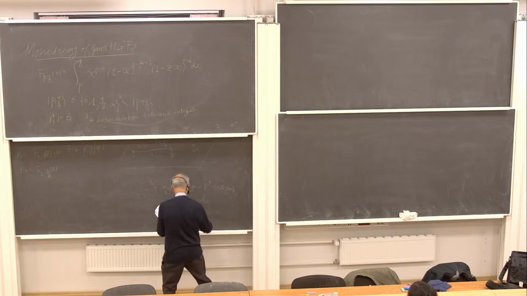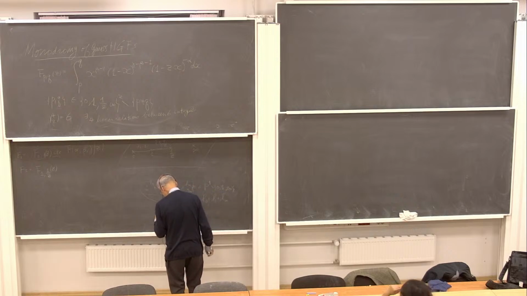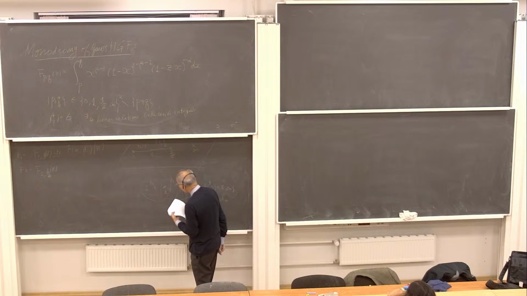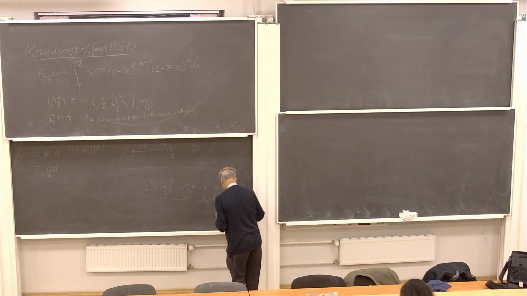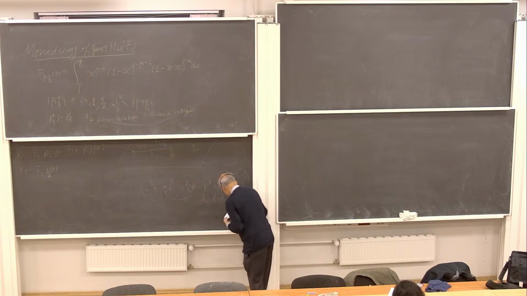In any case, these 3 loops, if you turn around all of them, they need to give you the identity, the trivial element, in pi1 of P1 minus 3 points with a fixed base point.